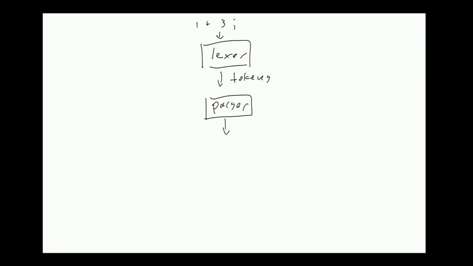The parser turned our sequence of tokens into a parse tree. And then our last phase was code gen. And this produced our assembly. In the toy compiler, we had a C file for each one of these.